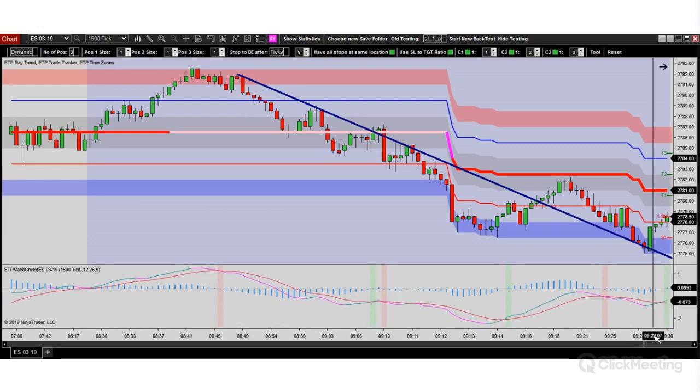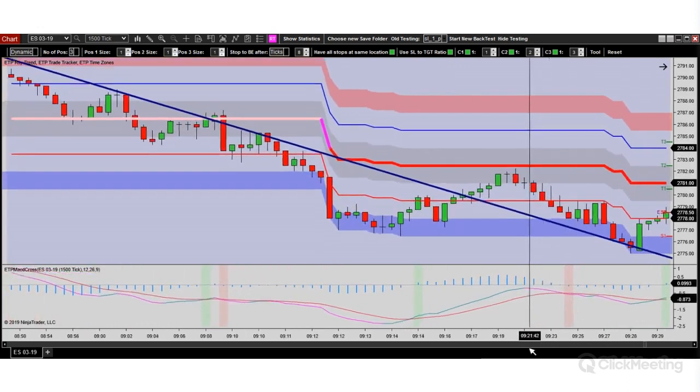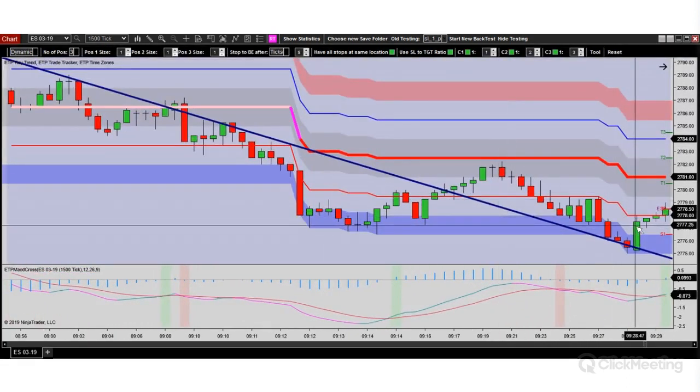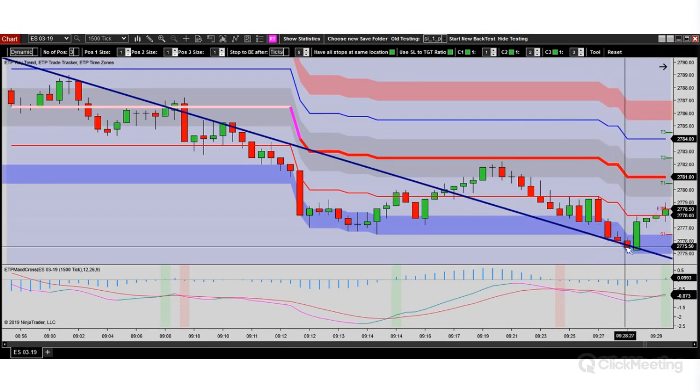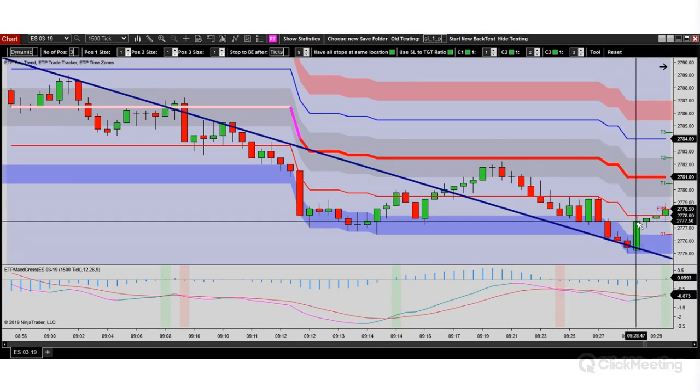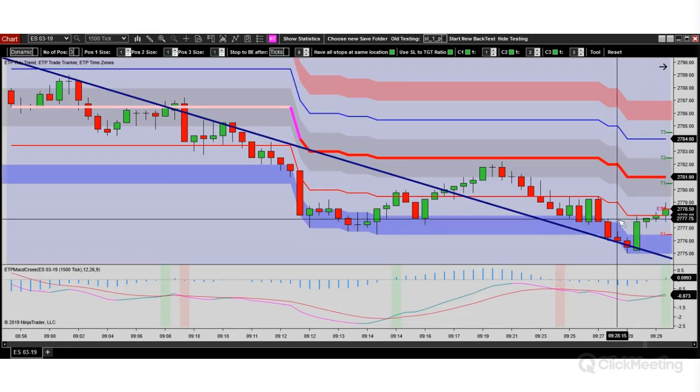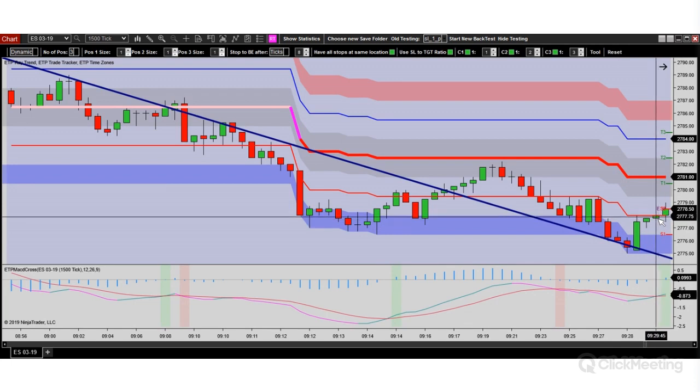Now we also have this MACD cross, and we have 2 types of entries. We have this type of entry where your price closes below and then closes back above it, and that's your entry, right? And we have a second type of entry, and we have a special button inside of the RayTrader where we just use the MACD entry.